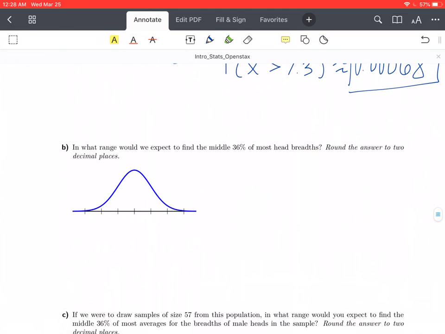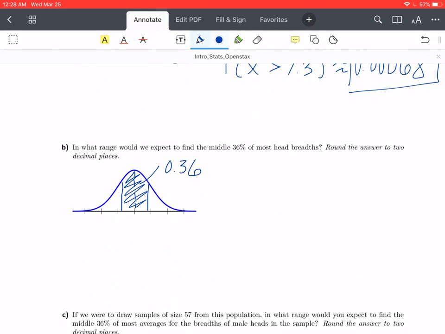In what range would we expect to find the middle 36% of most head breadths? So, in this case, we don't know what the values are that we're looking for. We know here's the mean in the middle. I want this portion of the data, so that's 0.36, the middle 36%, and what we're looking for is the range.